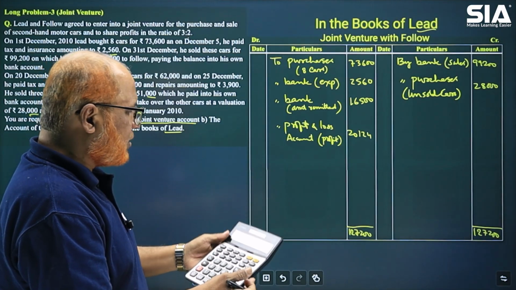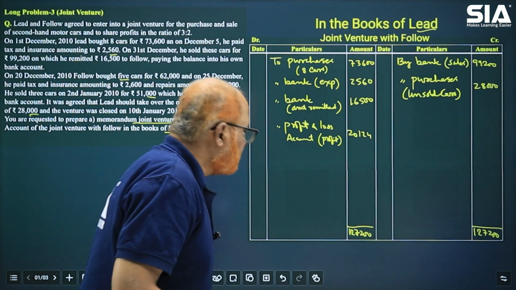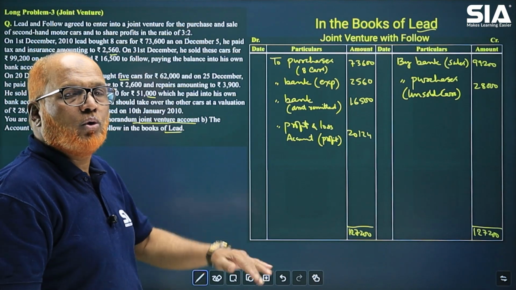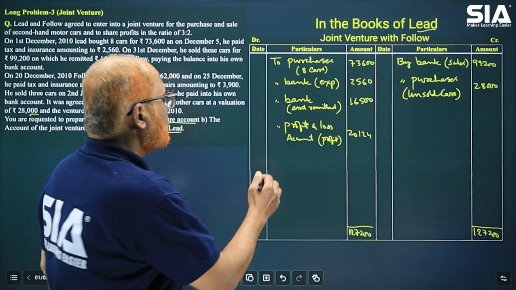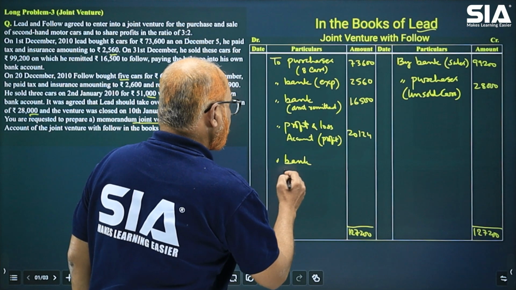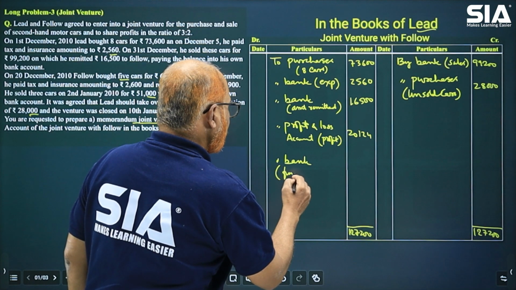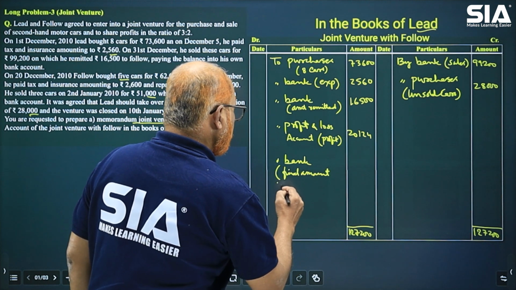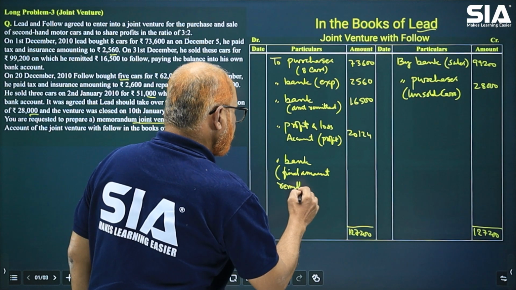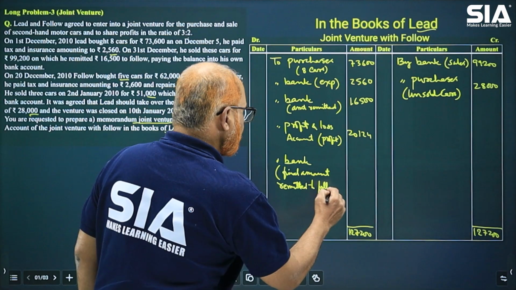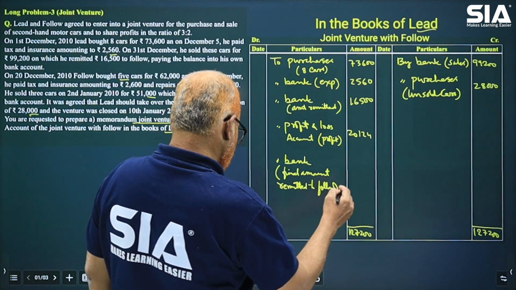Remaining is 14,416. This 14,416 has to be remitted. To whom we have to remit? To follow. So here, bank, final amount remitted to follow 14,416.